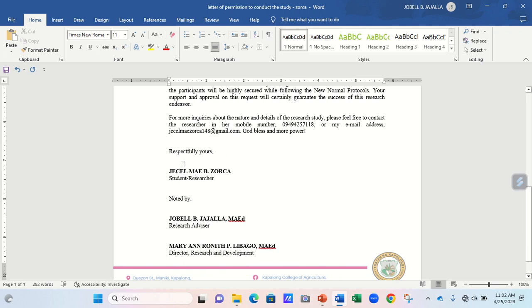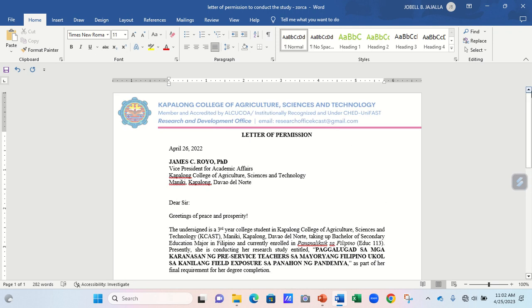So for the permission letter, you have to print two copies. One copy is what you give to the agency where you will conduct the study, and the second copy is what you will have signed as received, with the name and date of the person who received the letter. The reason for the received-by signature is to provide proof that you successfully submitted the permission letter to your agency.